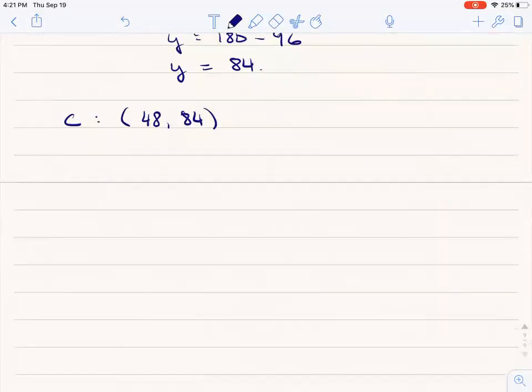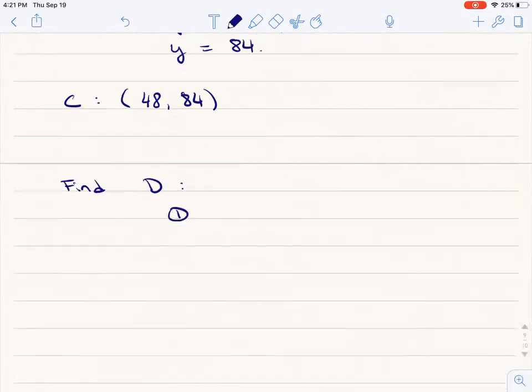And so find D, which is the equation 1, which is y equals 180 minus 2x, and y equals 0. Call this kind of equation 3 for a little bit.